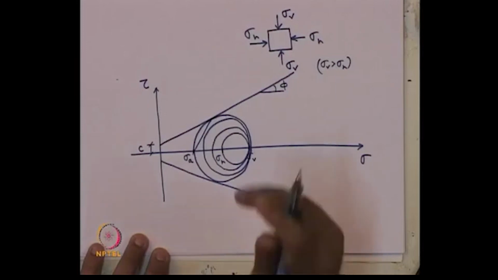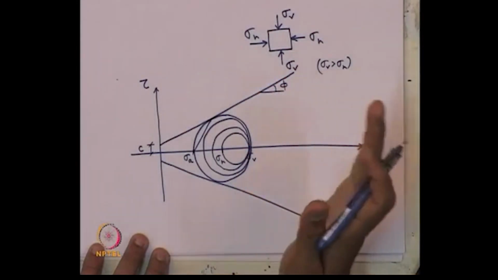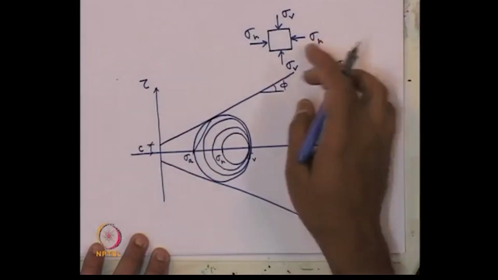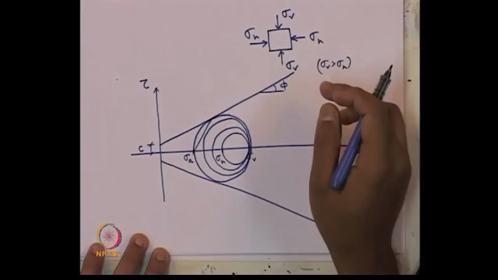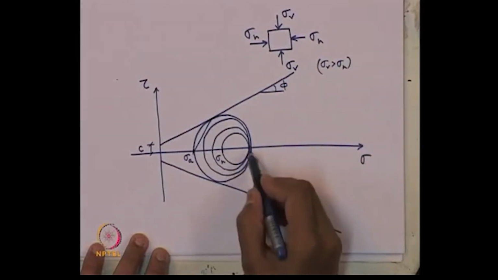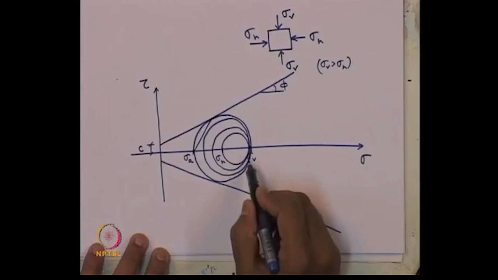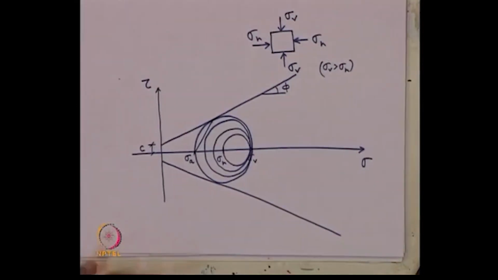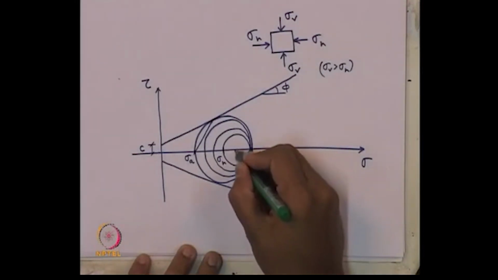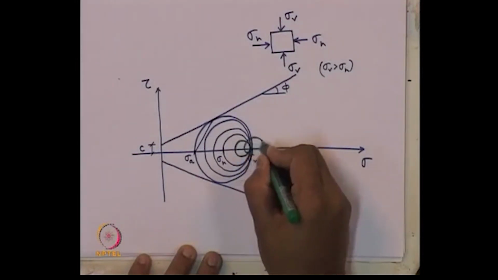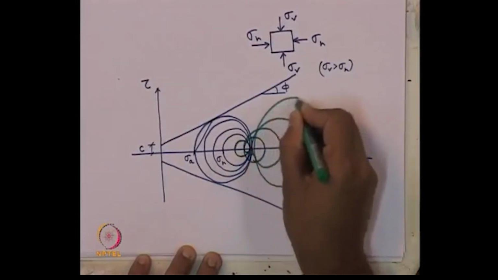Now, similarly, when the wall is moving towards the backfill, what is happening? Sigma h keeps on increasing. Again, remember sigma v remains the same. There is no change in sigma v. Sigma h keeps on increasing.